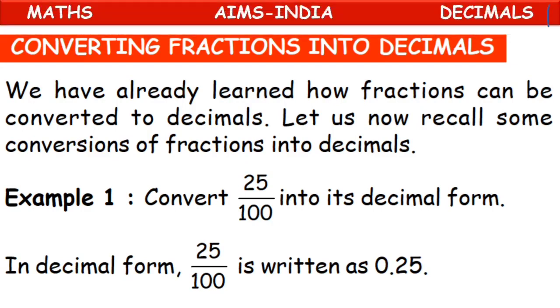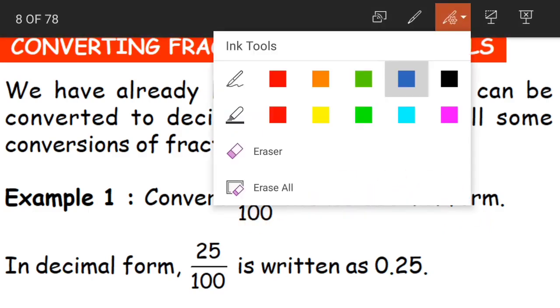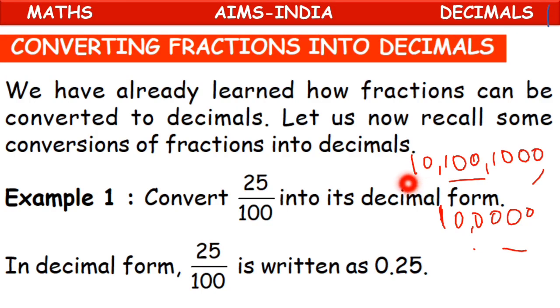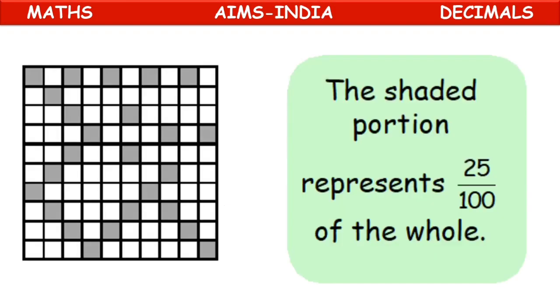What was this? Conversion of fractions into decimals, where the denominator is 10, 100, 1000, 10,000 or so on. So the denominator should have only 1 and zeros in it.